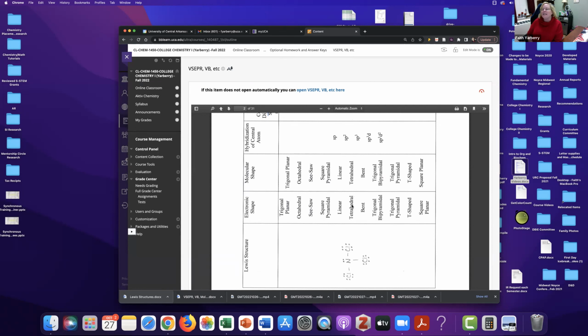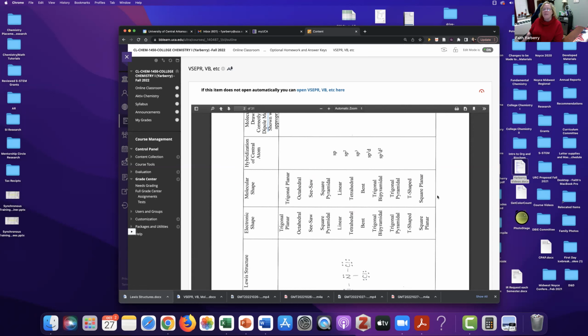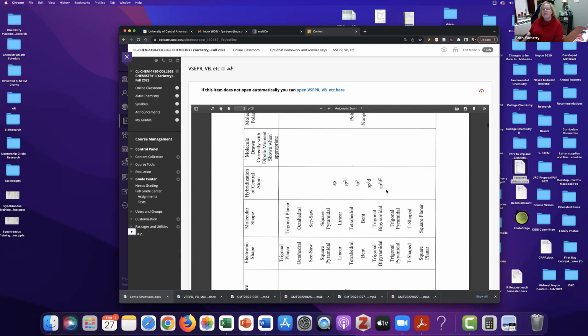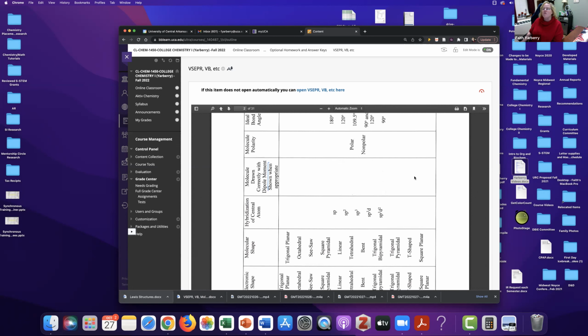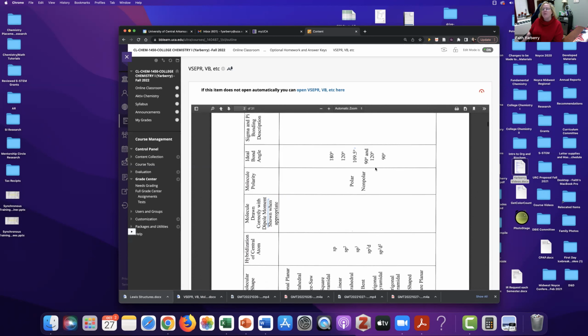You will be given, for the VSEPR, etc. piece, a Lewis structure. You will be asked to tell me the shape. You will be asked to tell me the molecular shape. You will be asked to tell me the hybridization. You will be asked to draw the molecule with the correct dipole moment. You will be asked to tell me if it's polar or non-polar.